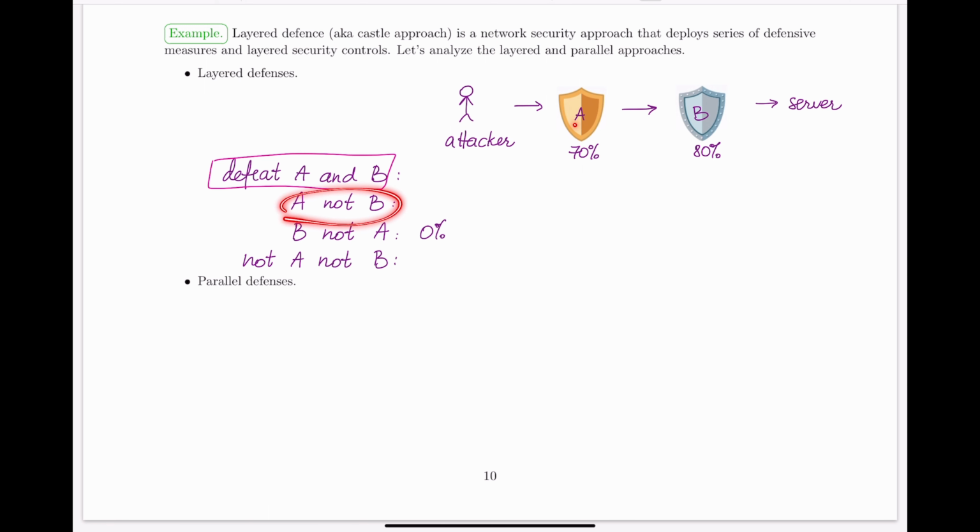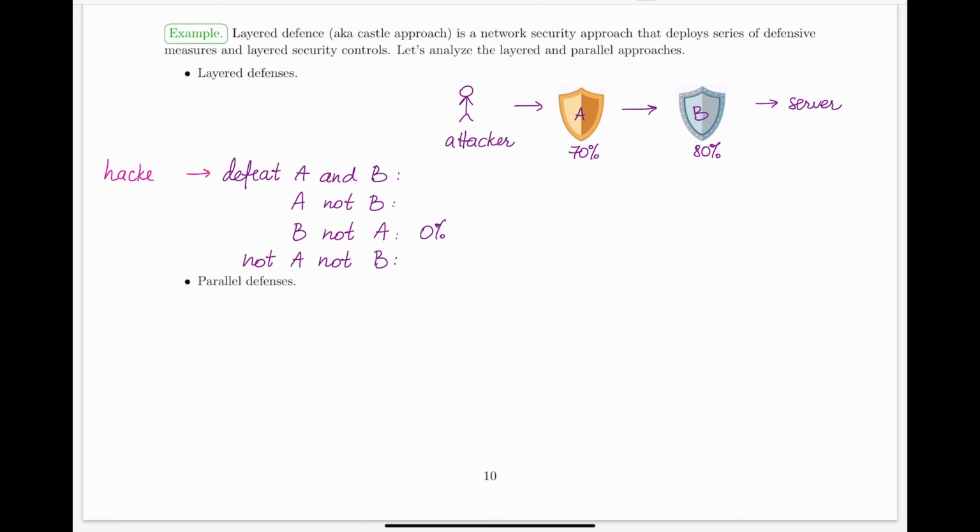He defeats A but not B. That means that B prevents him from carrying on. It actually succeeds in stopping him. So this will prevent the server from being hacked. B not A is completely useless. Neither of them means that our defenses worked at the first step. So out of all of these, in only the first case is the attacker actually going to be successful in hacking our system.